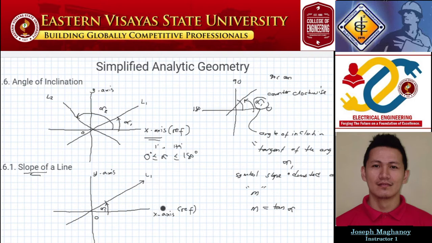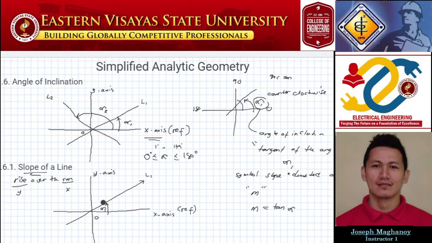Okay, so let's rephrase the slope of a line. It is also defined as the rise over the run. Rise is for your y-axis and run for your x.